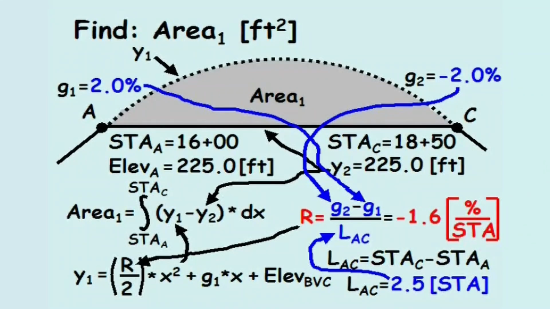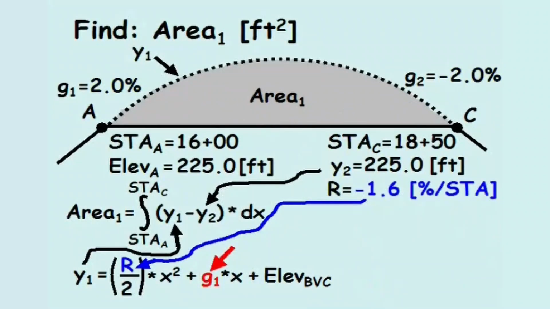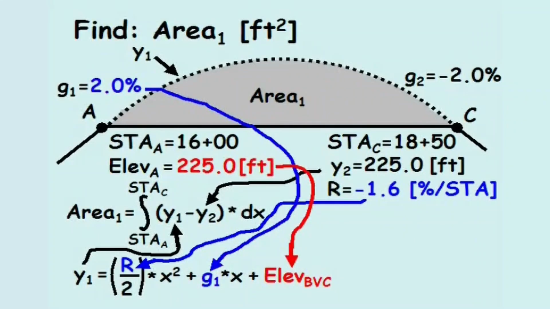Back to our equation for y1, the variable g1 refers to the initial slope of the curve, which is given as positive 2%. And the elevation at the beginning of the vertical curve is the same as the elevation at point A, which is given as 225.0 feet.